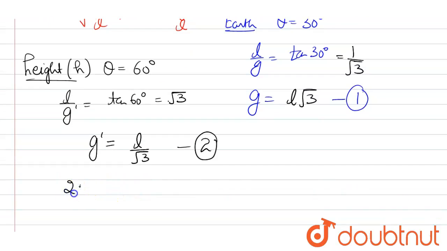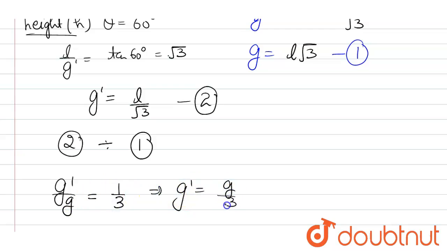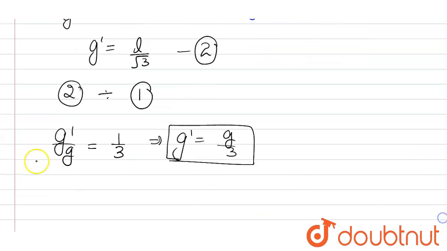Now, if we divide the second equation by the first equation, we get g dash upon g will be equal to 1 by 3, which implies that g dash is equal to g by 3. Right, now we know the formula for gravity at height is given by g upon (1 plus h upon R) whole square is equal to g by 3.